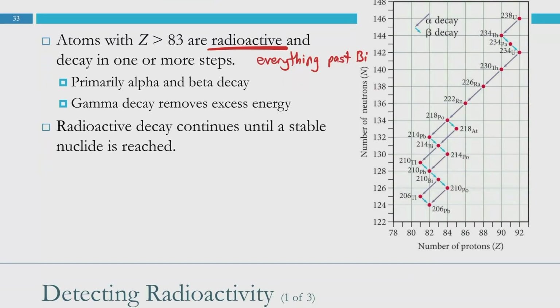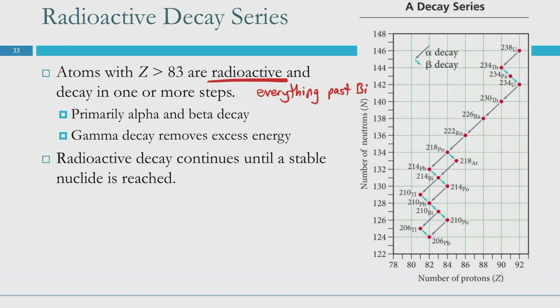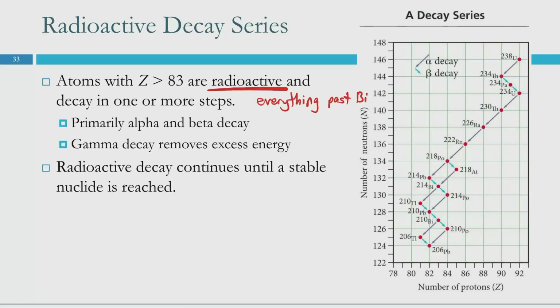So is bismuth also radioactive, or just things past that? Bismuth is not always radioactive. It's things that are past it. A lot of bismuth is actually stable, and somebody I went to undergrad with makes art that involves bismuth because it makes really cool crystals.